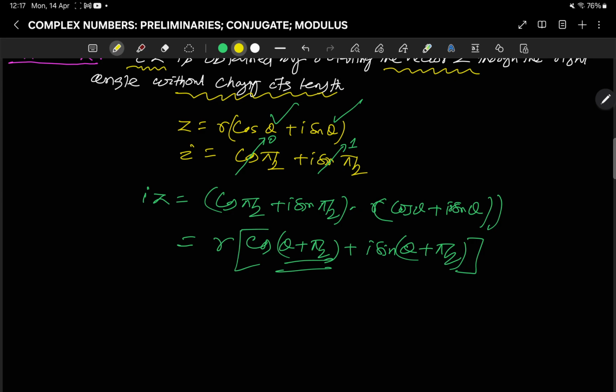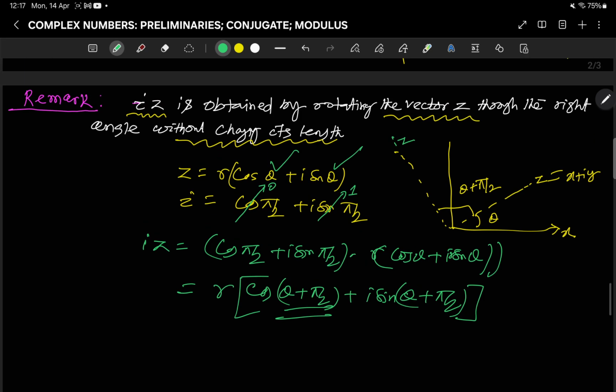That means if this is my x, and this is my z at an angle theta, where z is equal to x plus iy, meaning r(cos theta plus i sin theta), then theta plus pi by 2 means it is now making a 90 degree angle here, and I will get my iz.